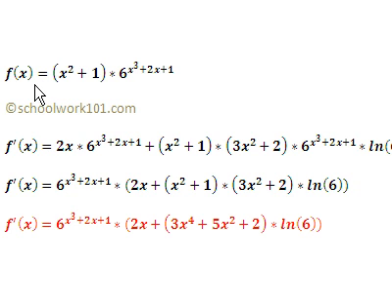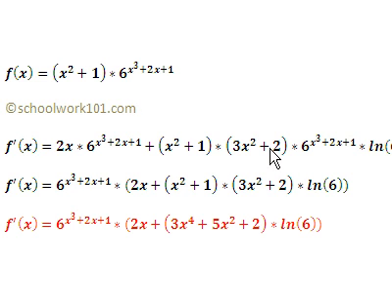All right, we have the function f of x is equal to x squared plus 1 times 6 raised to the x cubed plus 2x plus 1. So we're going to use the product rule again, taking the derivative of the first function here, which is 2x, and rewriting, plus rewrite the first function times the derivative of the second.